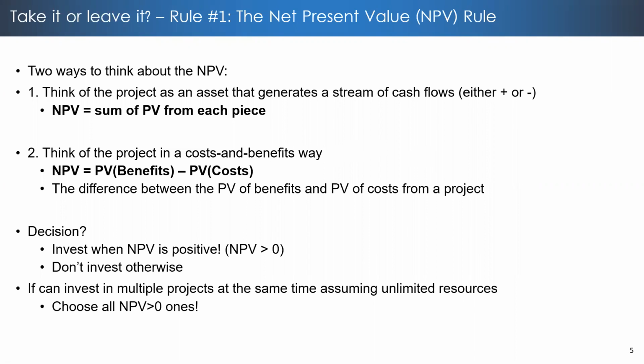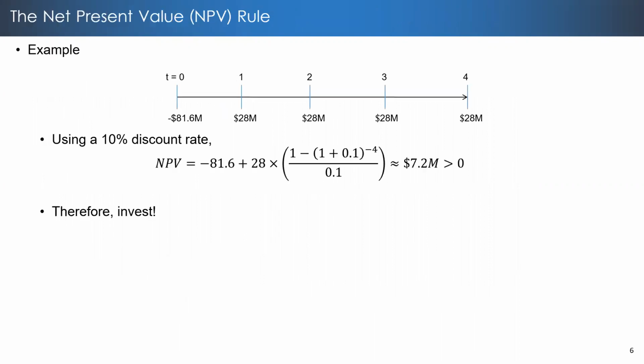So the difference basically gives you the value for doing this project. If we see a positive value, we should do it, and when we see a negative value, we should not. Then the decision is very easy to make. So that's so much of the net present value rule that we're already familiar with.